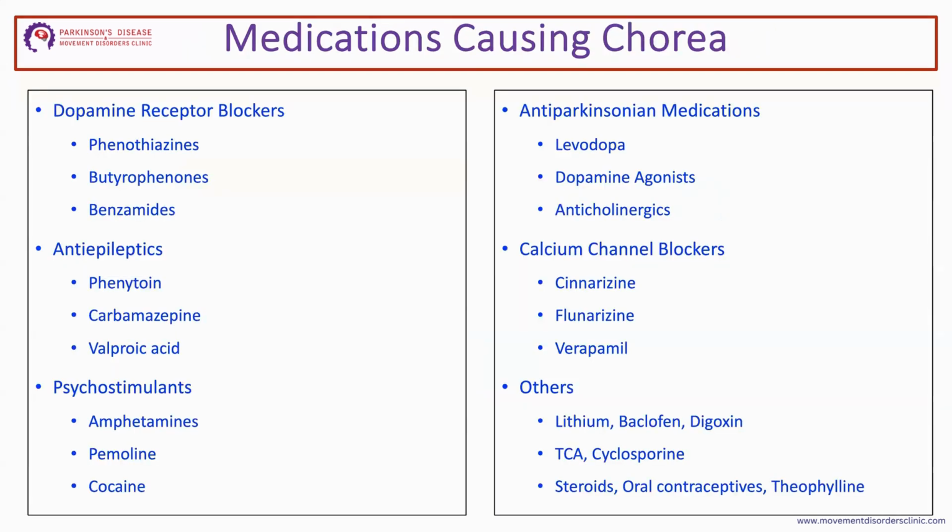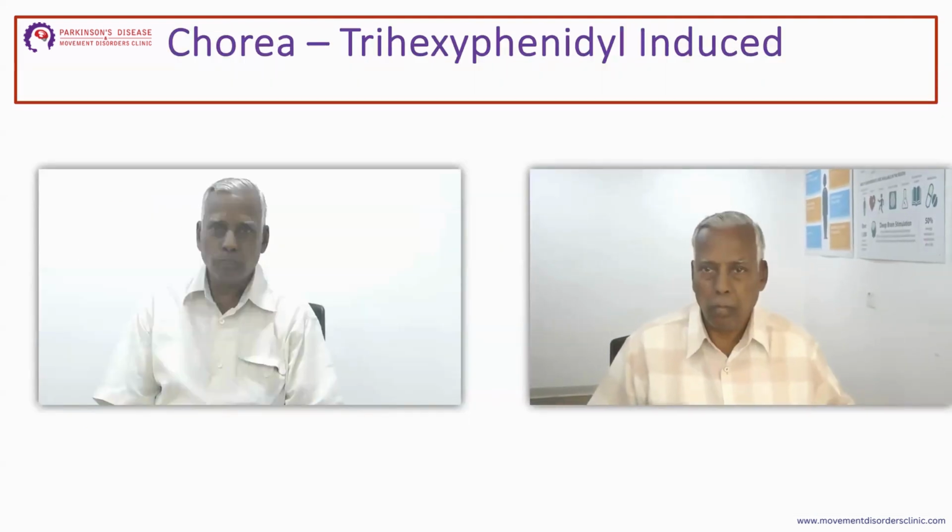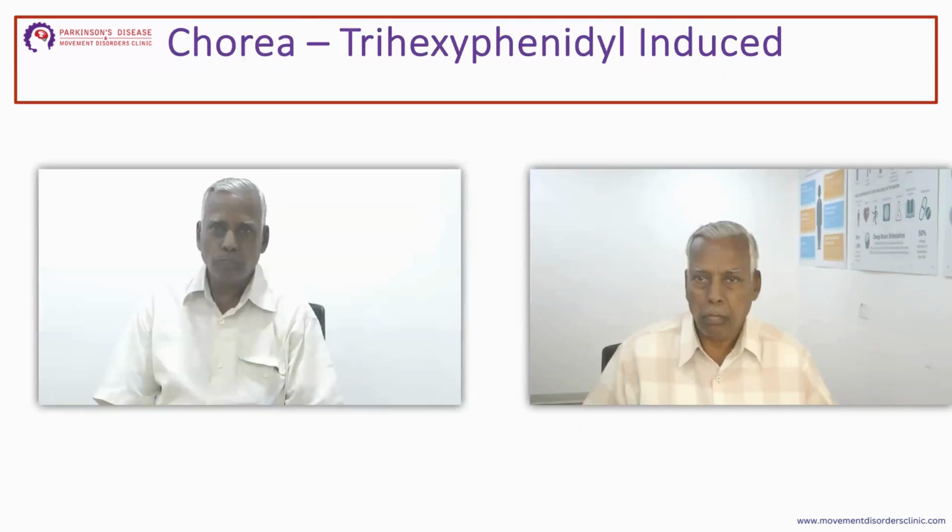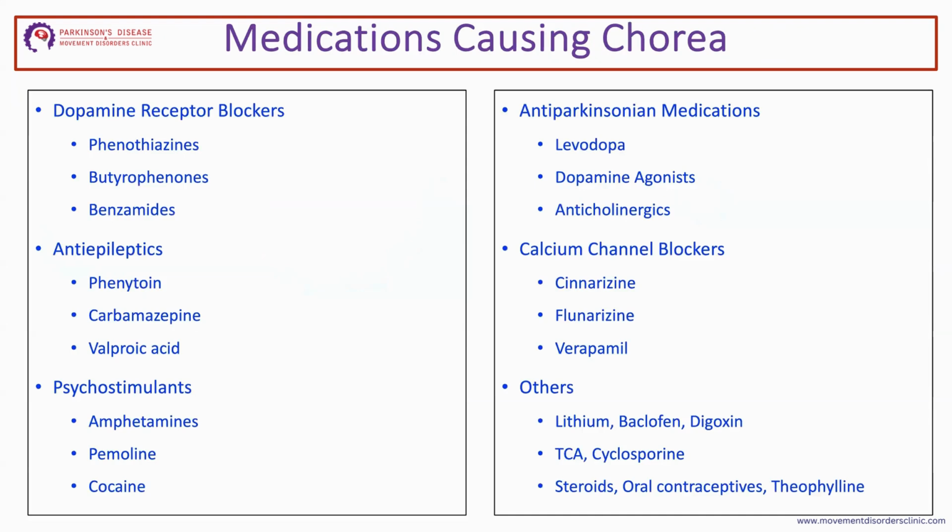You can see this patient before and after; the movements have gone. So keep in mind, when you are treating people with trihexyphenidyl for a symptom and then the person comes with a new onset of symptom, you need to keep in mind the probability that it is anticholinergic-induced chorea.